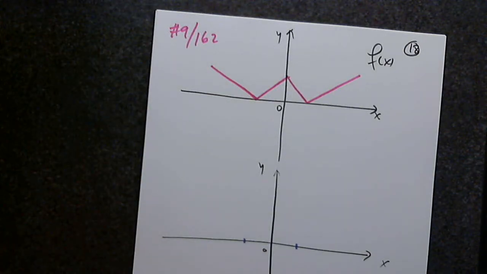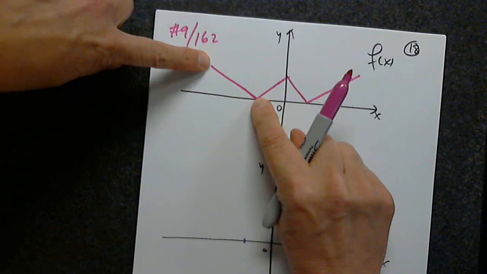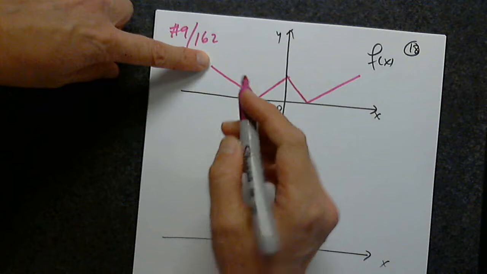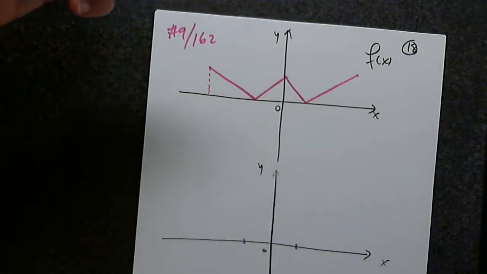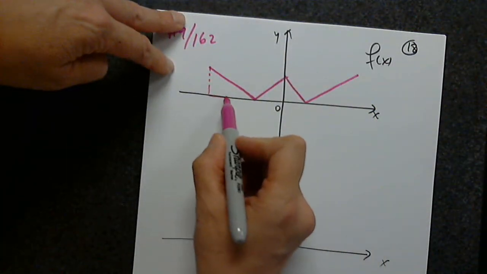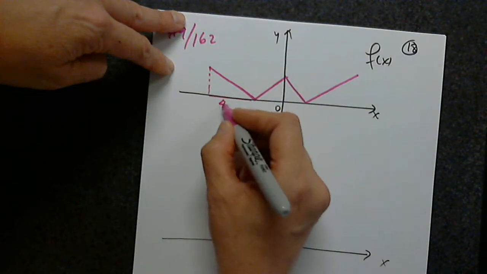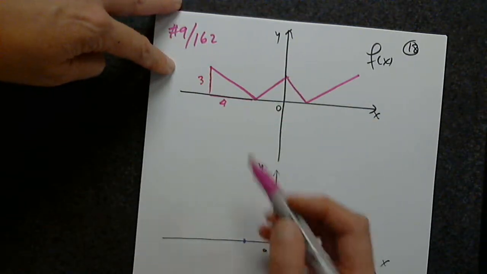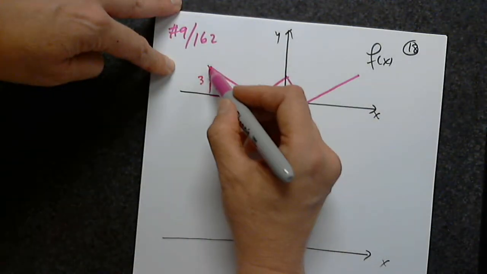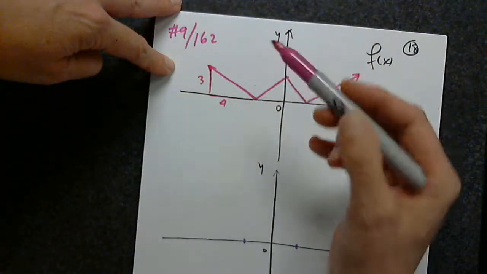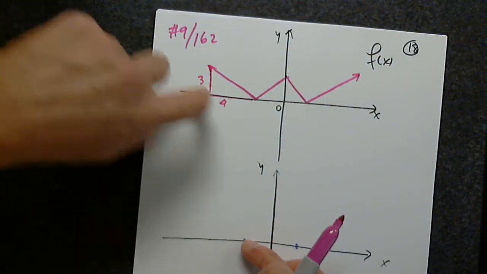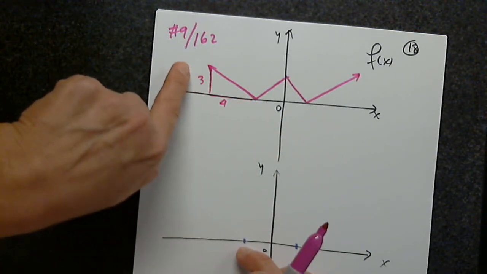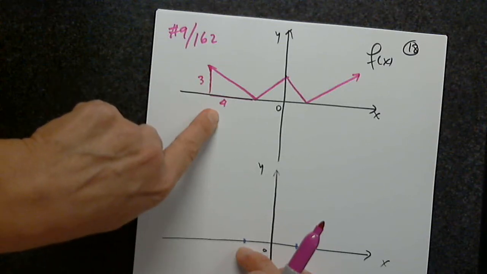Okay, so first I'm looking at this piece of the function, and I see the slope is negative. I'm not sure. I'm just going to come up with some numbers. I'm going to say that this is 4, and I'm going to say that this is 3. So then everywhere the slope is between negative infinity and this point, whatever that is, a negative rise over run, which is negative 3/4.